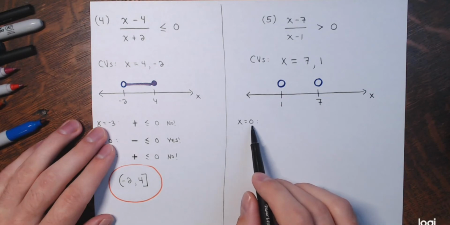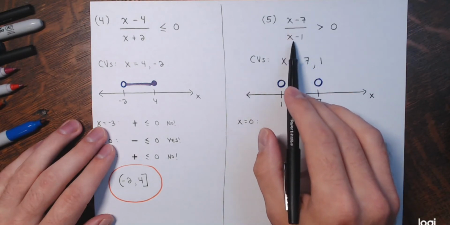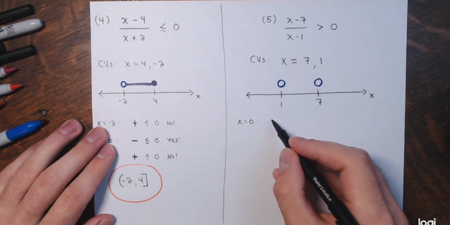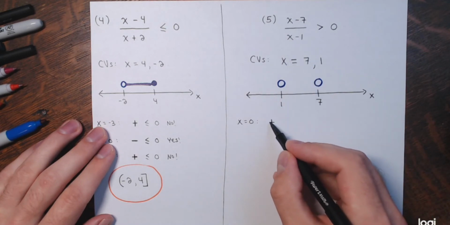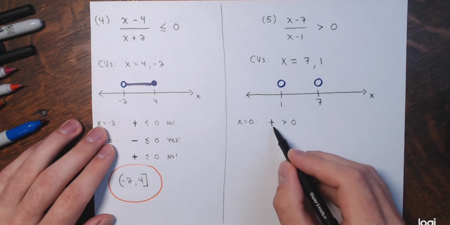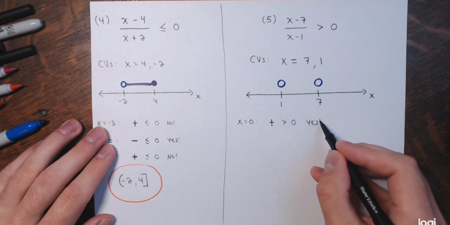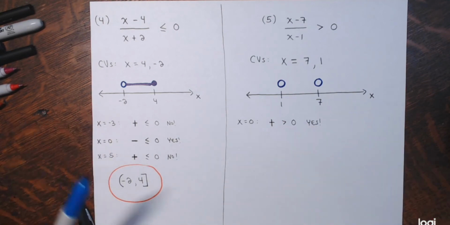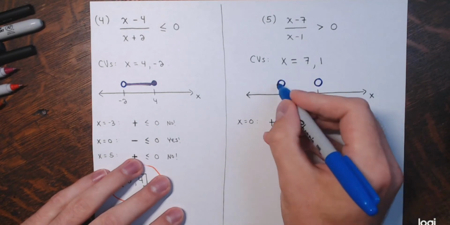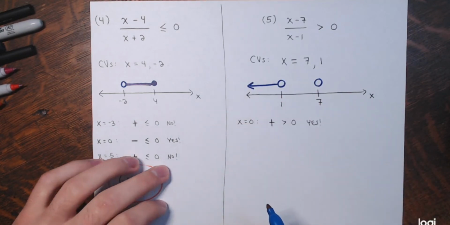Now, if x were 0, the numerator would be negative, the denominator would be negative, making that a positive number on the left. And then we have is greater than 0. And is a positive number greater than 0? Yes, it is. So this interval to the left of 1 has solutions. So I'll indicate that with a little arrow there.